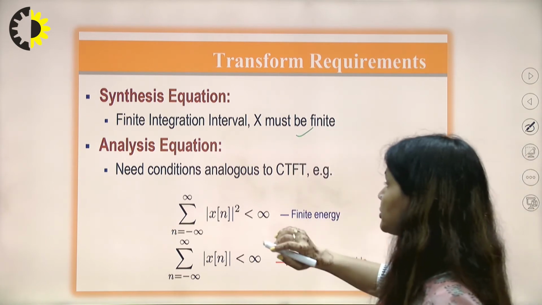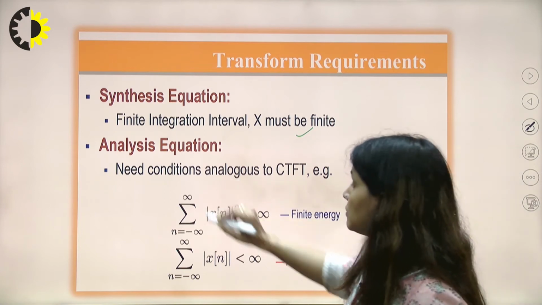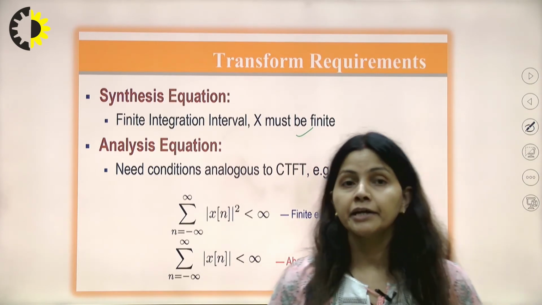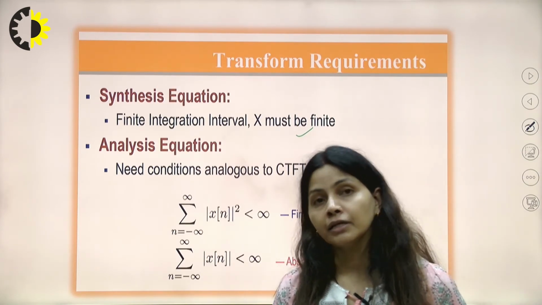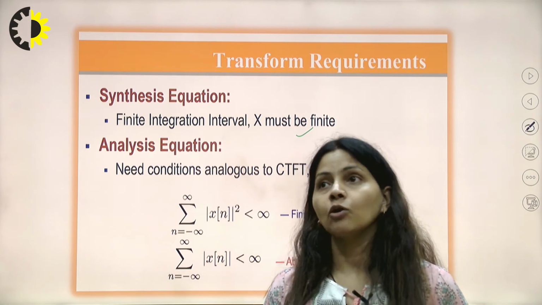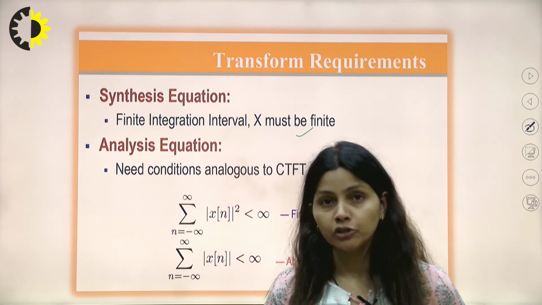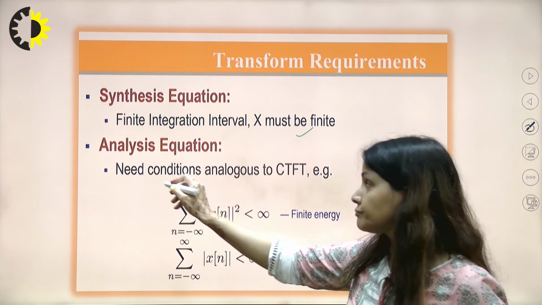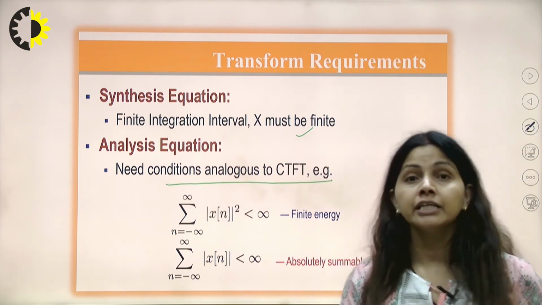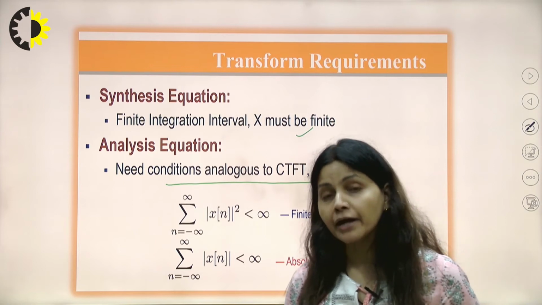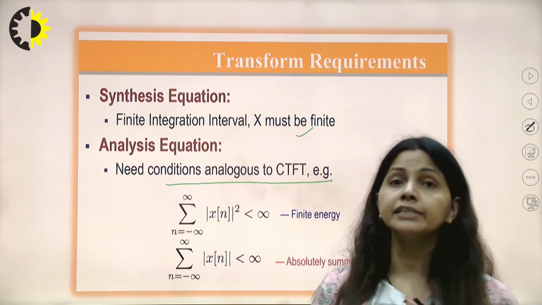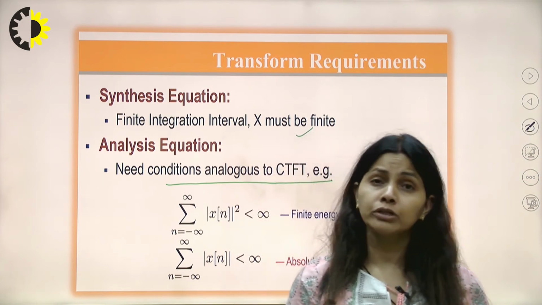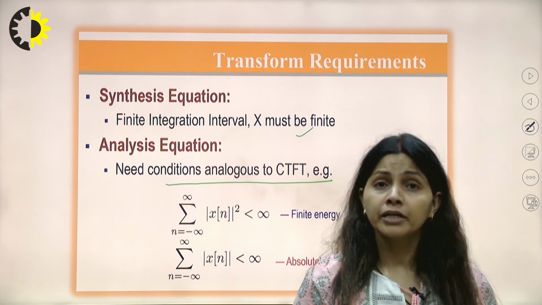For the analysis equation, that means for calculation of the DTFT, as we have already studied about the Dirichlet conditions and the absolute summability properties, also the finite number of discontinuities, all these criteria must be followed for the DTFT, as we have seen in CTFT. The continuous time Fourier transform and the discrete time Fourier transform need the same criteria to be followed whenever we are converting to the corresponding Fourier transform.